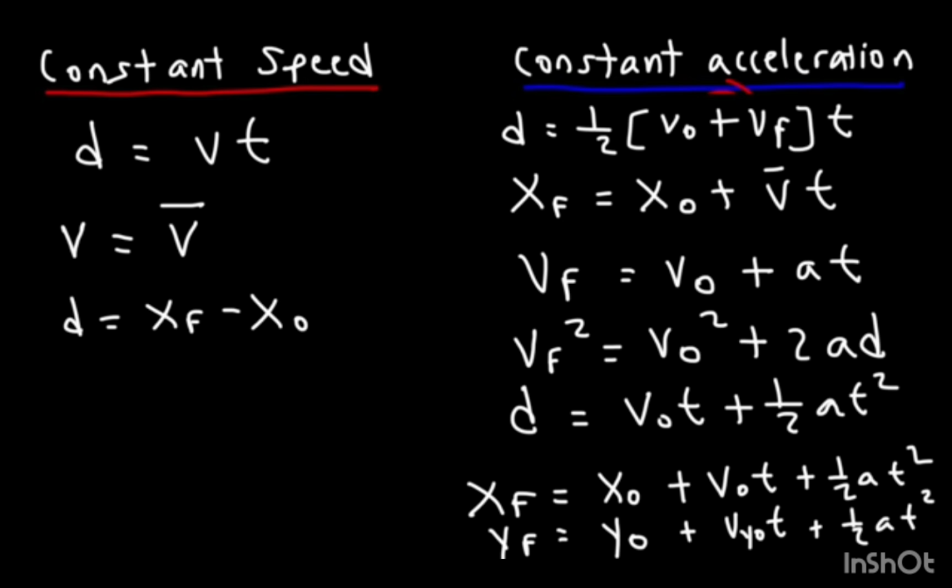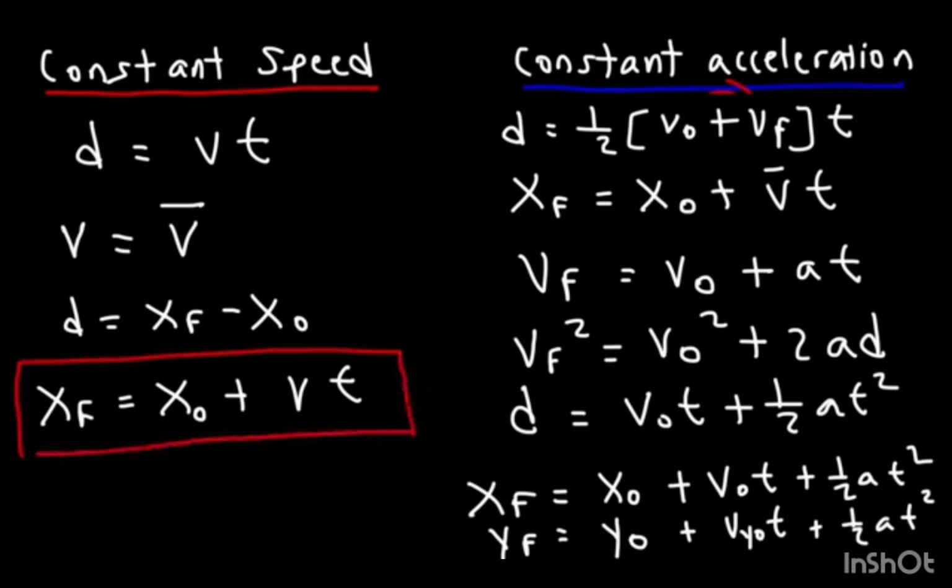So it might be a lot to keep track of, but as you begin to work problems, the use of these formulas will begin to make more sense. But you may want to write these down for your reference. Now before we work on a few example problems, there's something I do want to mention. When dealing with constant speed, you could use this formula. X final is equal to x initial plus Vt. So you don't need to write V bar because V and V bar are the same when dealing with constant speed.